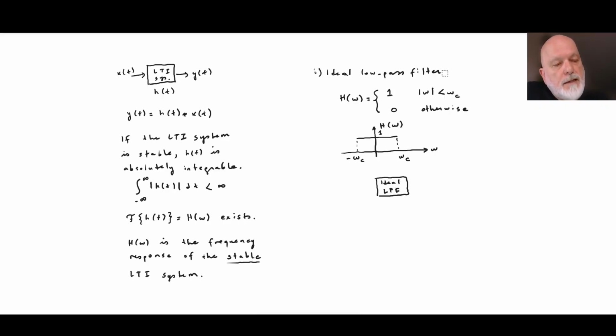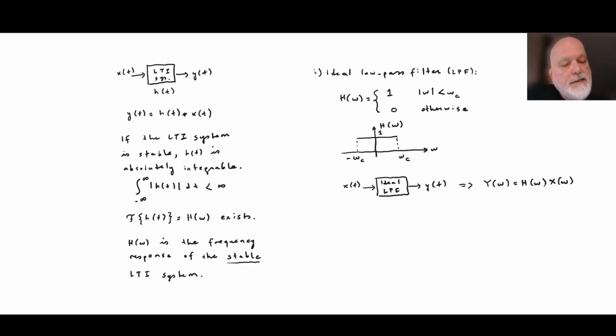So maybe I can write the abbreviation here, LPF. The input is x of t, the output is y of t, and of course in frequency domain, Y of omega is equal to H of omega times X of omega.